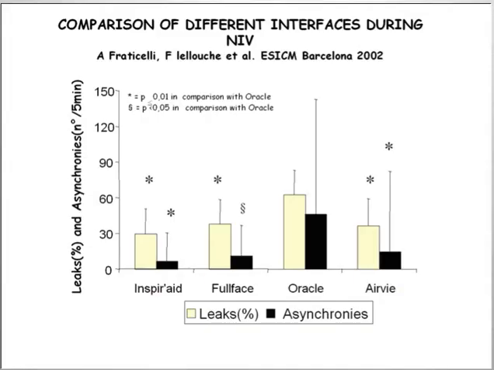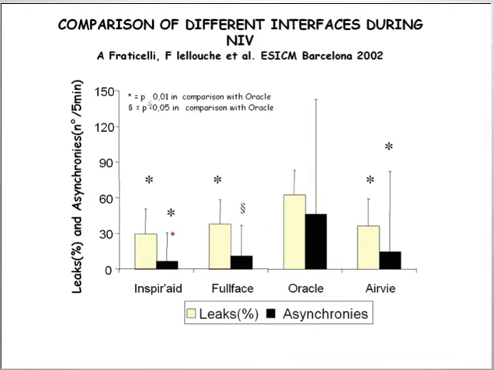I'm not going to show you all the details, but just the amount of leaks that we measured with the different interfaces: the integral face mask, the first facial mask, the second facial mask, and the oral interface.